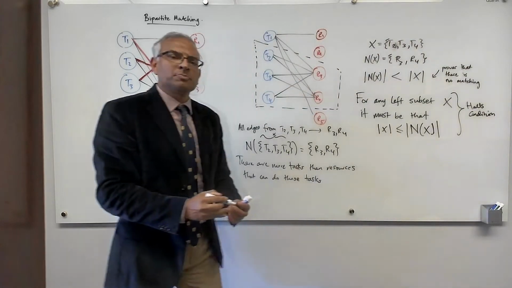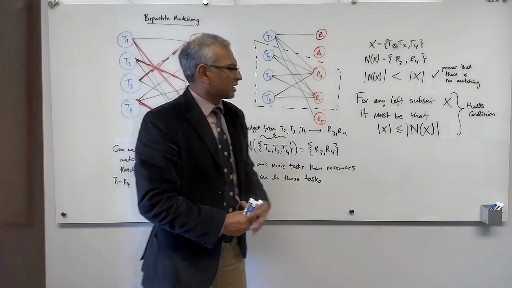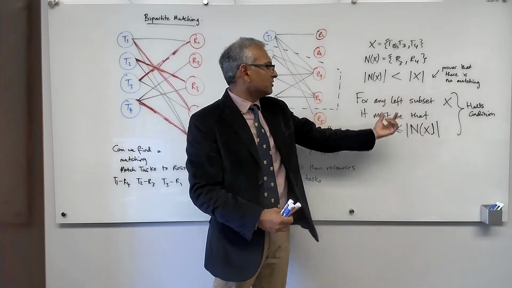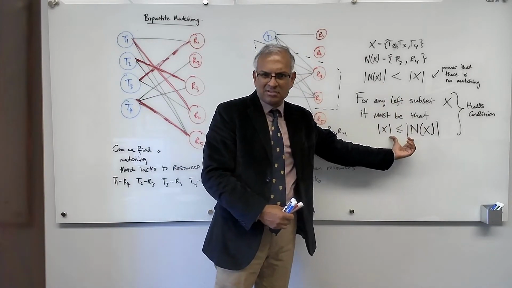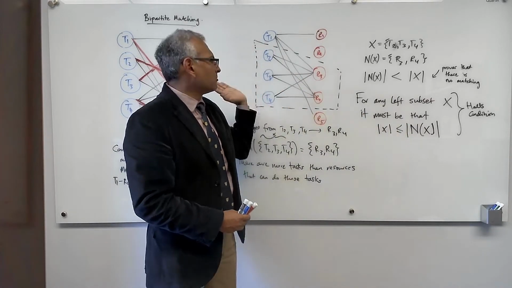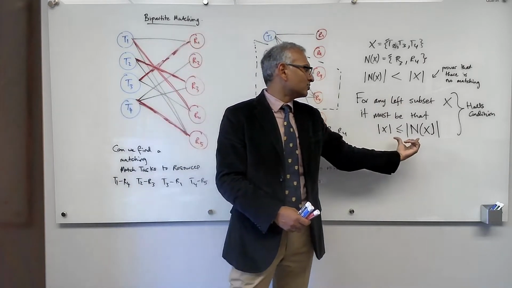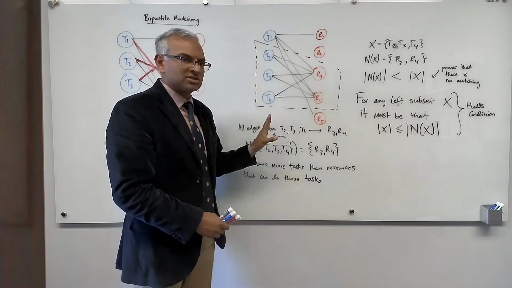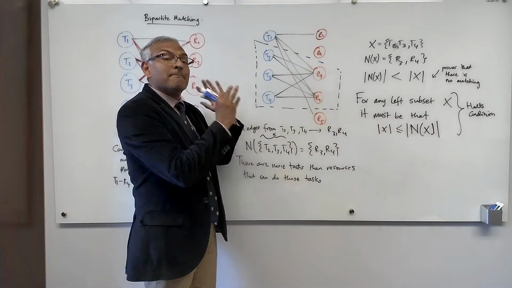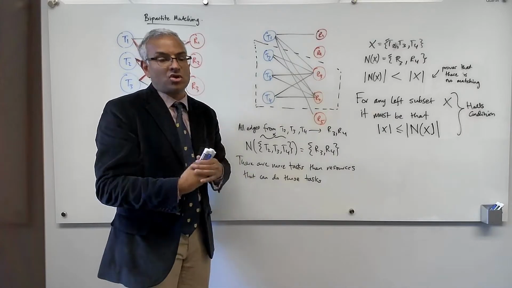And what Hall proved, and you can see the proof in the text, it's proved by strong induction. If you violate this condition, there is no way to perform the matching. There's no way to allocate the resources to tasks. Now you might wonder, if you satisfy this condition for all subsets, does that mean that there must be a way to perform the matching? And what Hall proved is yes, by strong induction.